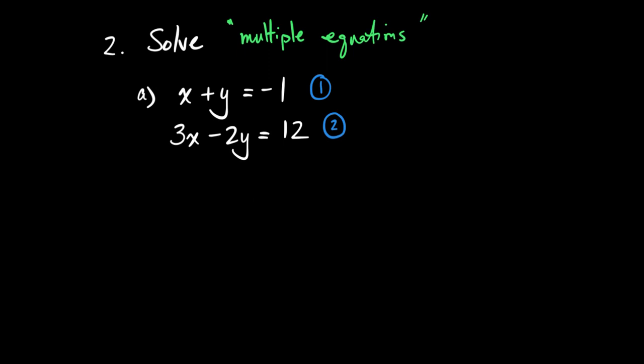Both of these equations have two variables in them, so individually we could not solve for the value of a variable from any individual equation. But if we can combine these two equations in a way that creates an equation with one variable, that would give us the means to solve.